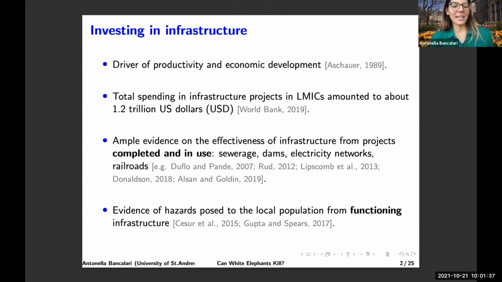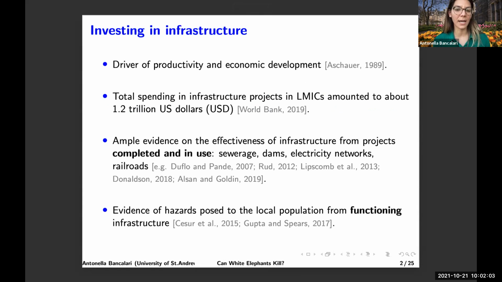Okay, so it has long been accepted that investing in infrastructure is a driver of productivity and economic development. In fact, just in 2019, the total spending on infrastructure projects in low and middle income countries amounted to about $1 trillion US. Now, there is ample evidence about the effectiveness of infrastructure from projects that are completed and in use.